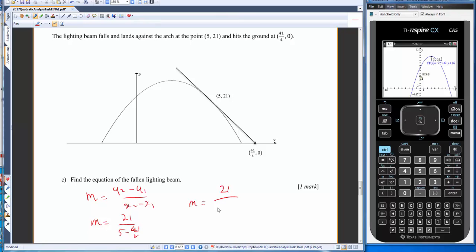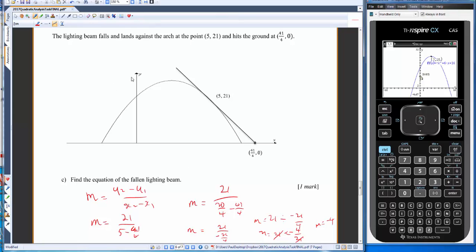So we got 21 over 20 on 4, take away 41 on 4, m equals 21 over negative 21 on 4. That's the same as m equals 21 divided by negative 21 on 4. M equals 21 times 4 over 21, negative 4, they cancel out. M equals negative 4.